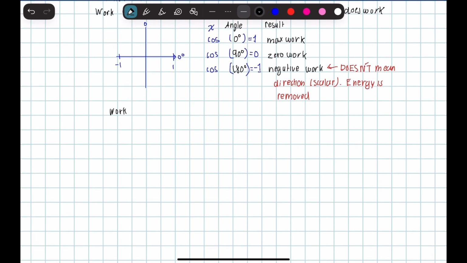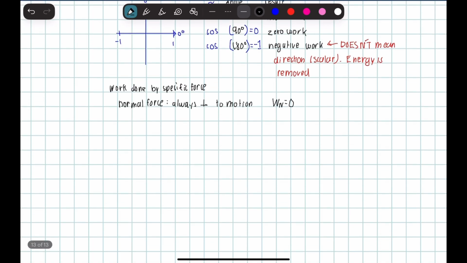Work done by specific forces. First of all, we have the normal force. Remember that it's always perpendicular to motion, so we'll represent that as Wn is equal to 0.